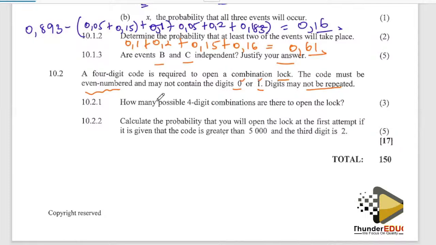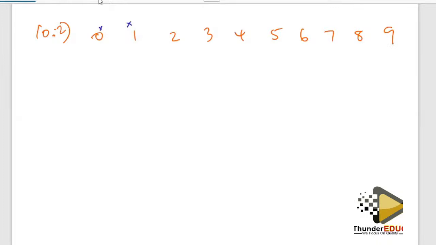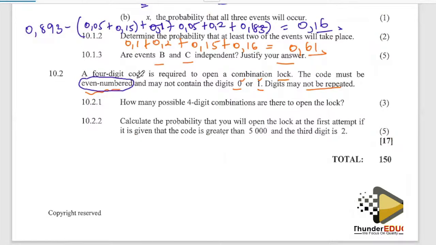Then they went on to say that the code must be even numbered. So we look for even numbers. So what are the even numbers? Are those even numbers? Yes. All right. The 4-digit code is required to open. The code must be even numbered.